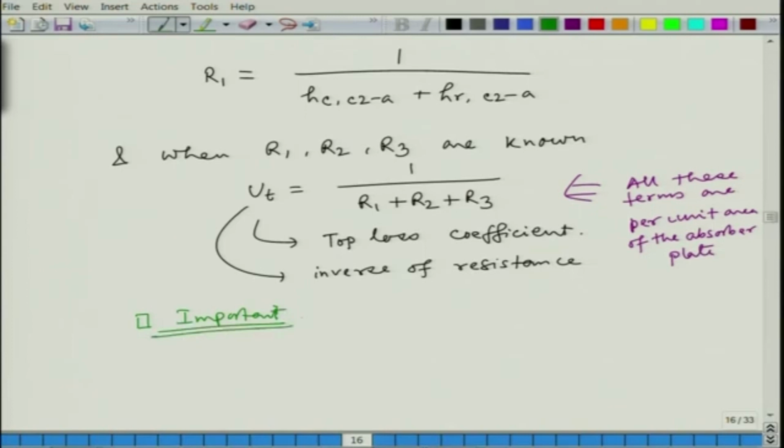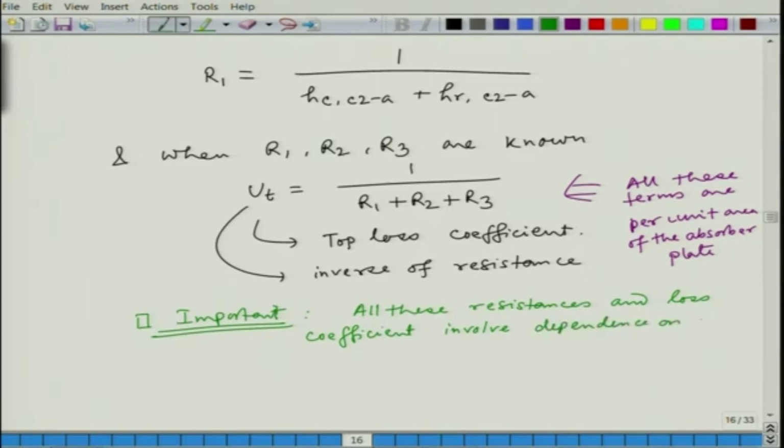So, please note that all these resistances and loss coefficient involve dependence on temperature, right, like the plate temperature, the cover temperature, okay, ambient, sky, etc., right.